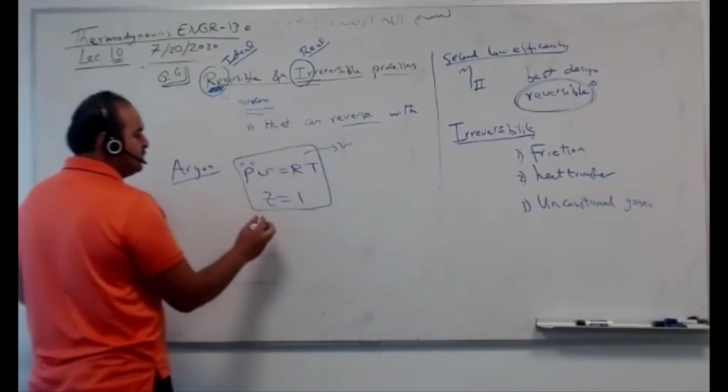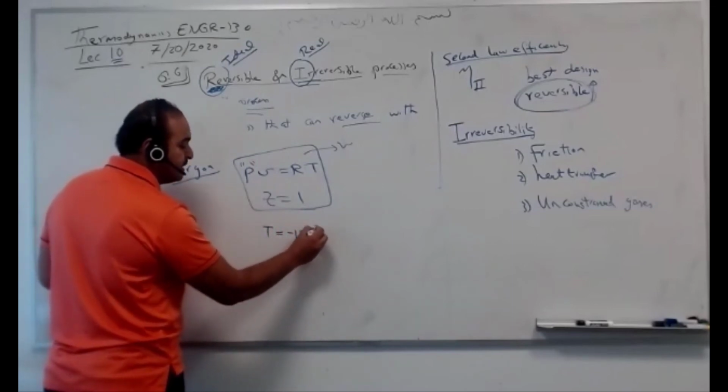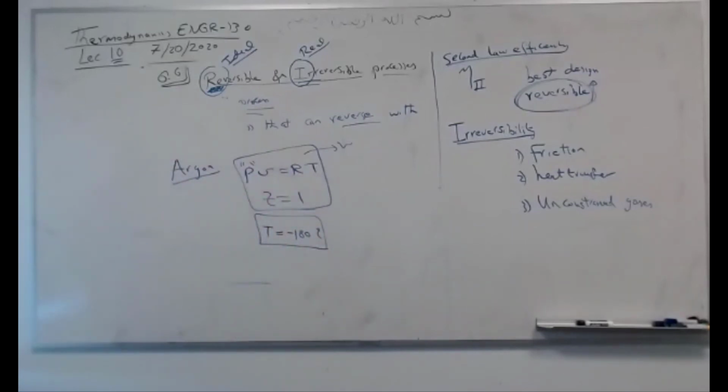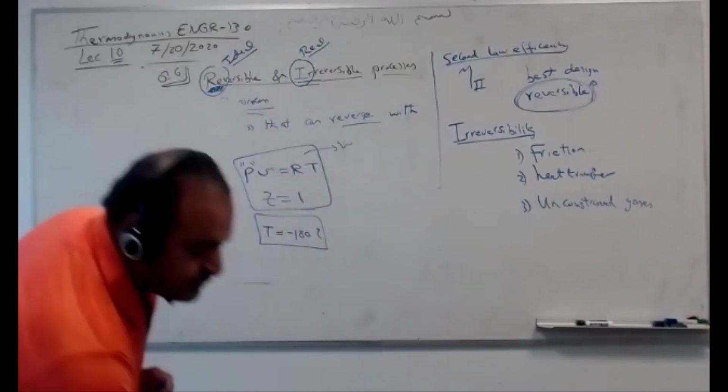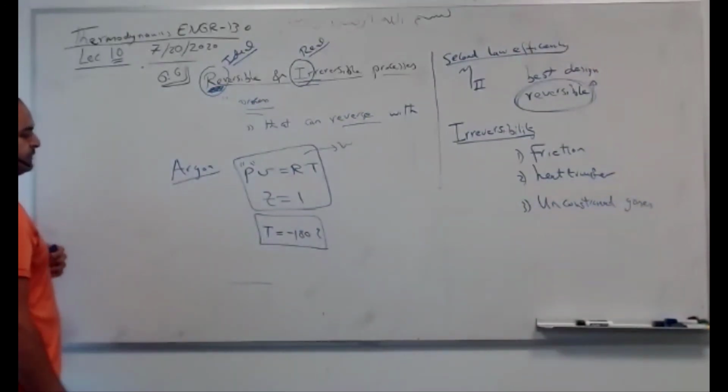But to obtain this, you need to have, for example, a temperature of, I think, minus 180 Celsius. That's a very low temperature, one that does not even exist in reality. You need a special design for that, to go toward the liquid form of argon.